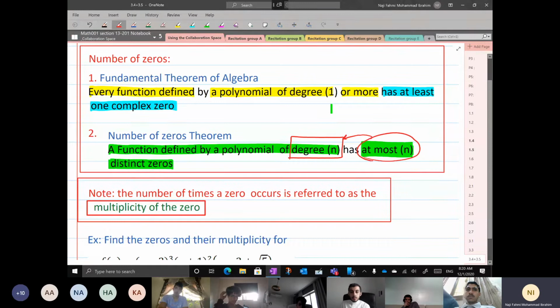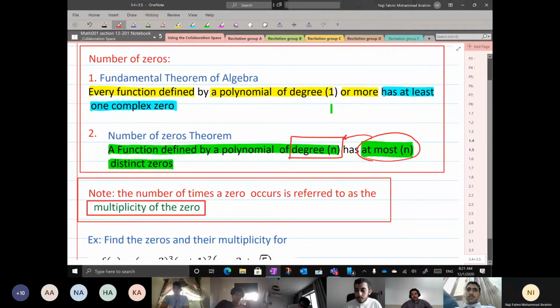So let's say we have a polynomial of degree 6, Shabab. How many zeros can we have? From 1 to 6. We can have 1, 2, 3, 4, 5, or 6. But can we have 7 zeros for a polynomial of degree 6? No. The answer is no. So the number of zeros is between 1 and the degree.